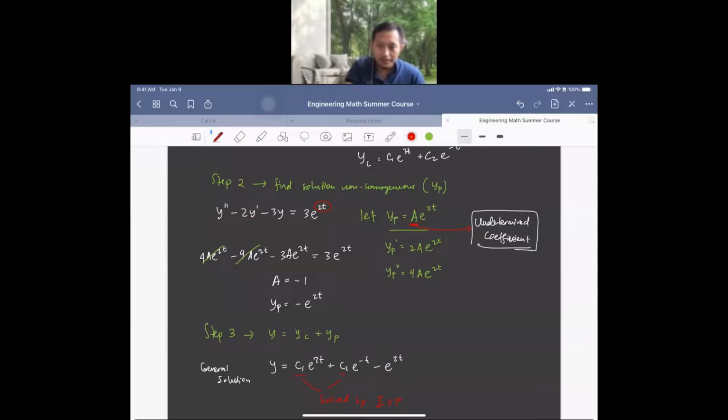And sometimes when we have the non-homogeneous one, the right side is a polynomial, then we need to have some sort of solving through some linear equations.